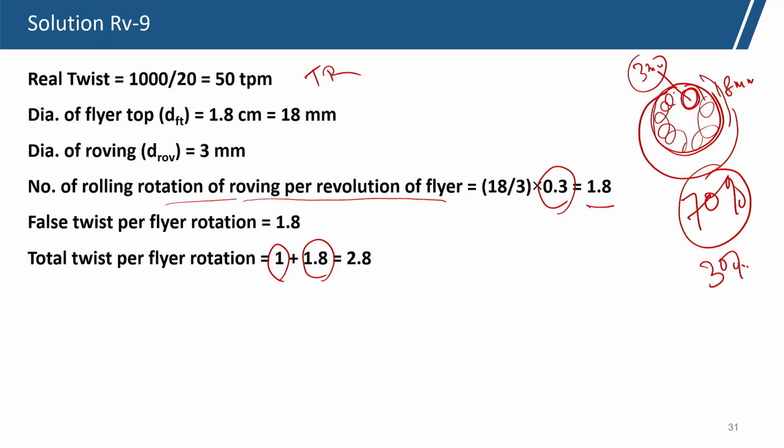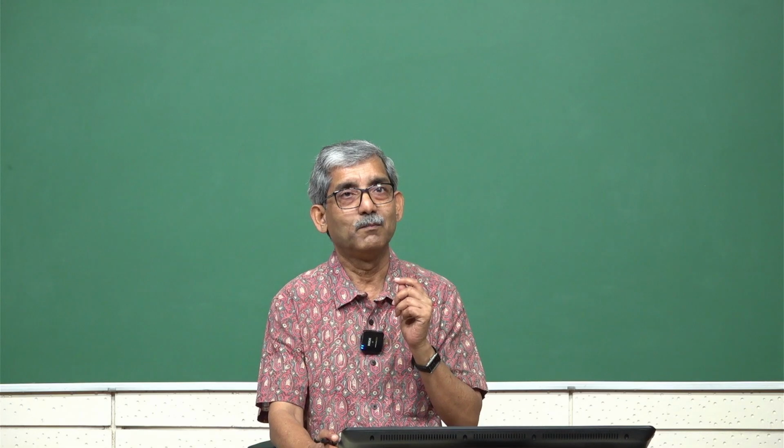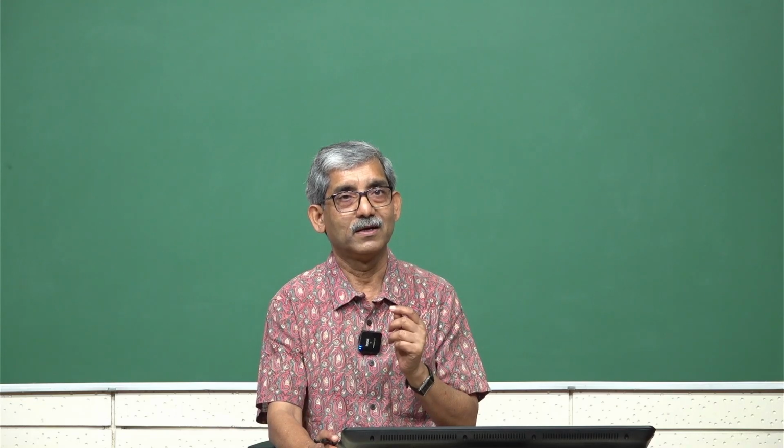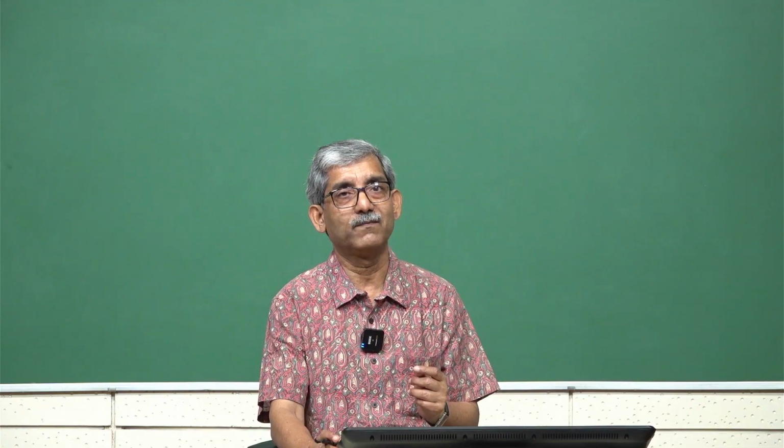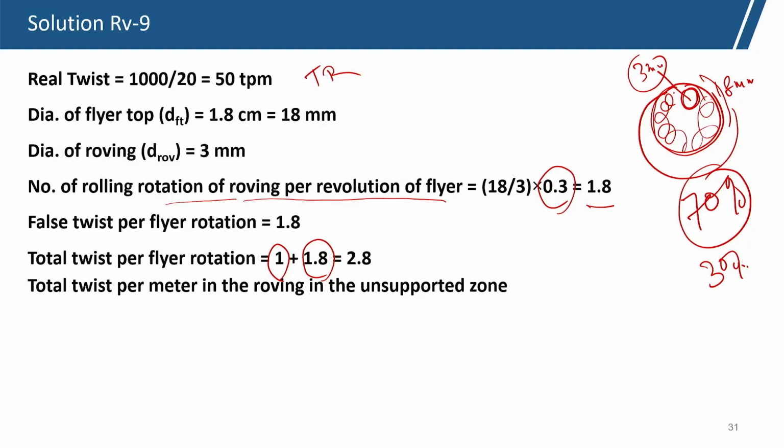And we have the speed of 20 meter per minute. Total twist per meter of roving in the unsupported zone will be the twist multiplied by 2.8.